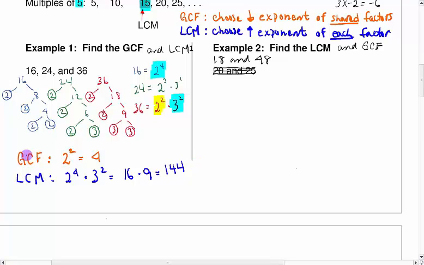So our GCF for 16, 24, and 36 is 4, and our LCM for 16, 24, and 36 is 144. Okay, so maybe what you might want to do is put your video on pause and try the next example on your own, and then turn the video back on again after you've completed the question and check to see how you did.